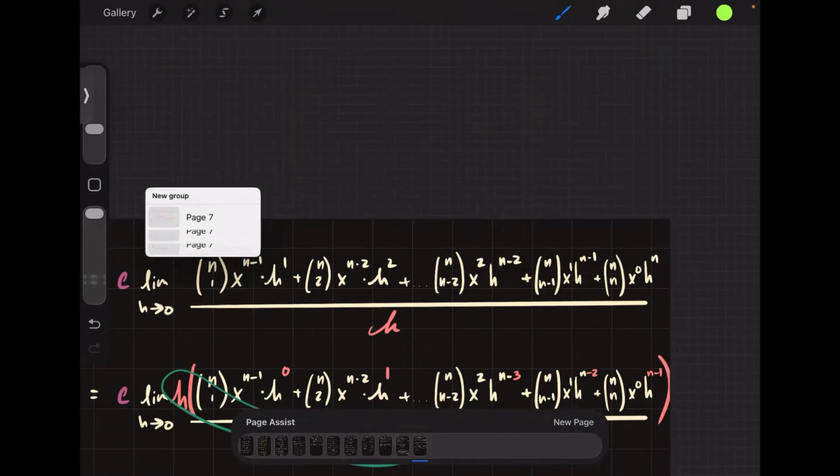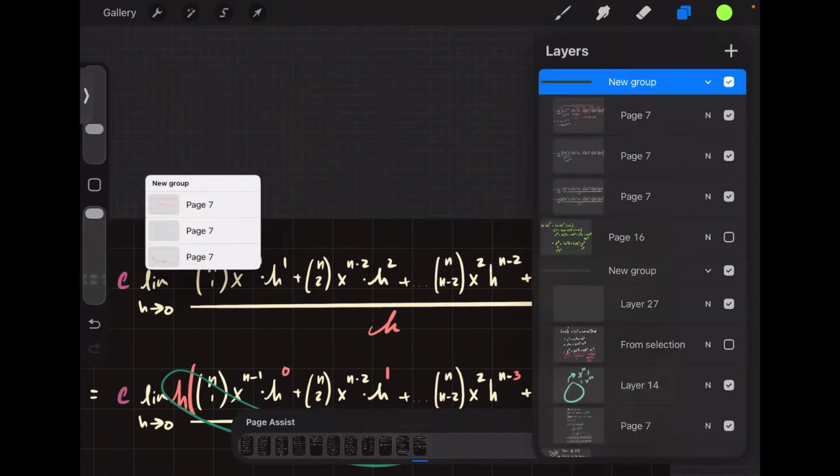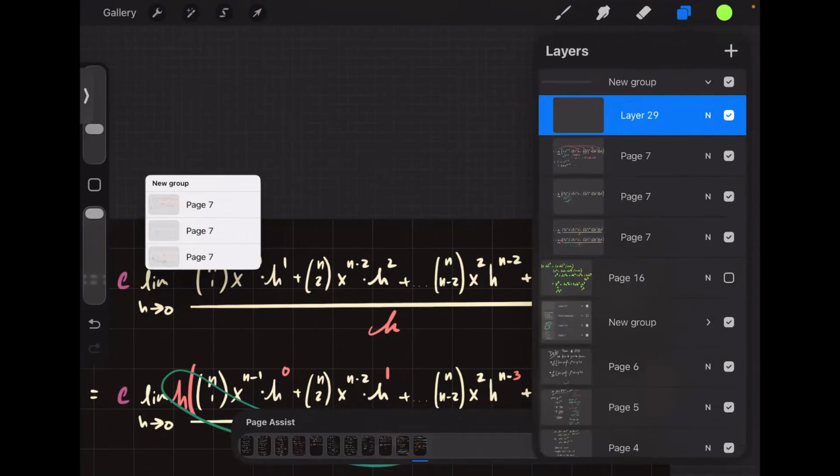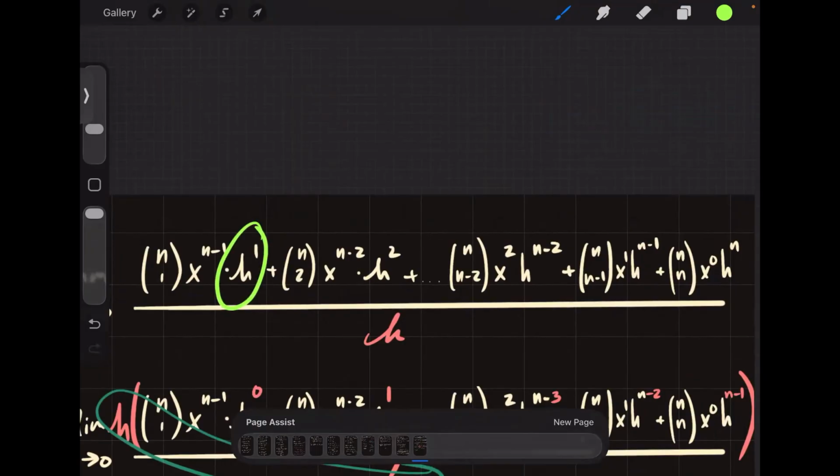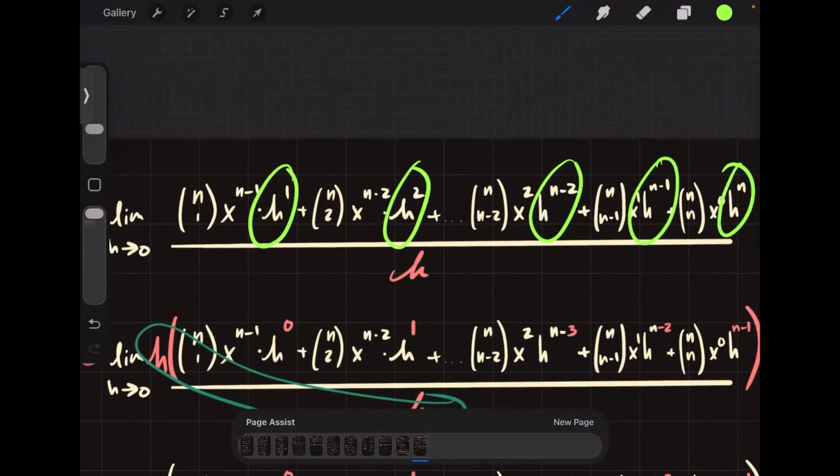You're going to look at this and say, oh, this is just business as usual. It's just kind of long. We can factor out h's. They all have them. We put the h out here, and you'll find this becomes h to the 0 because you popped an h out.